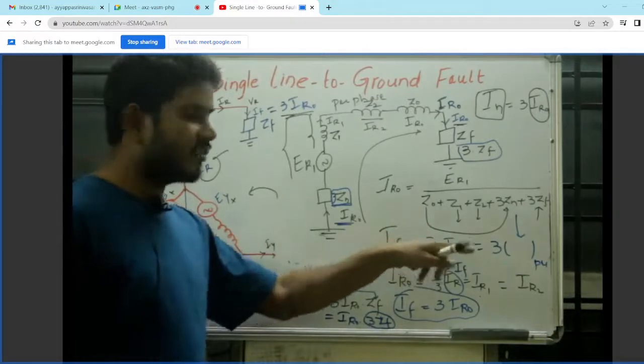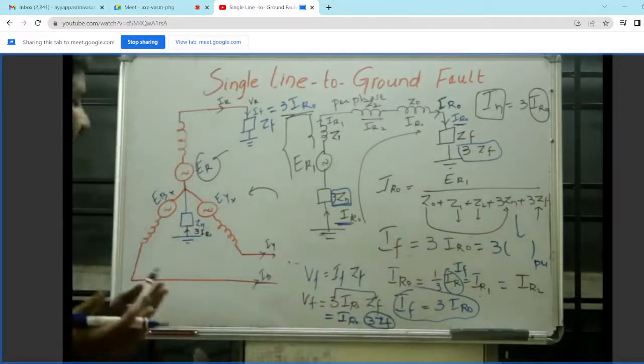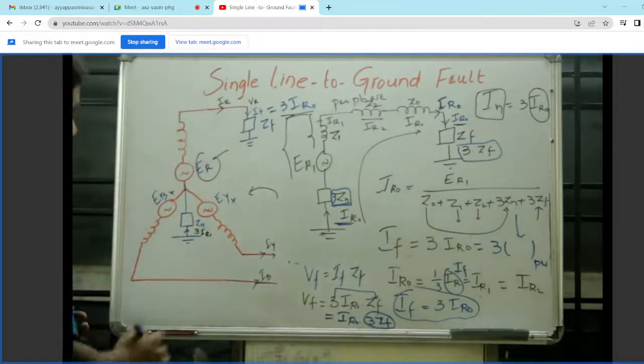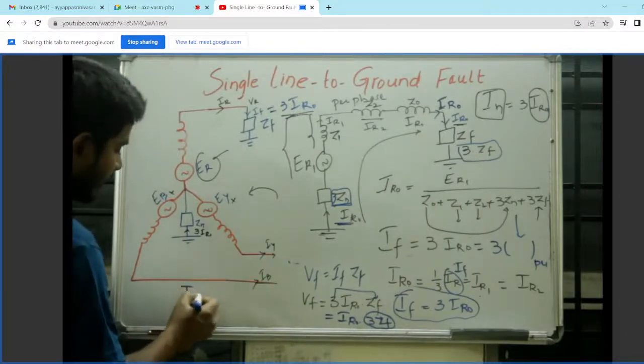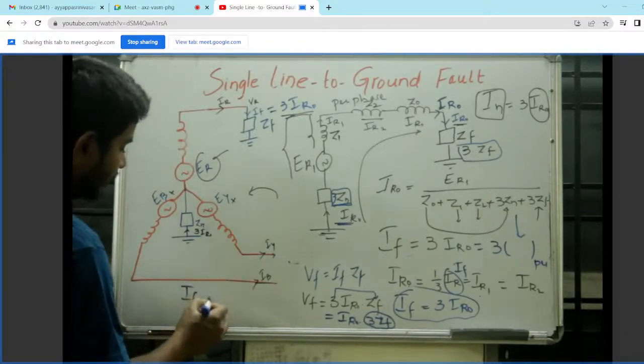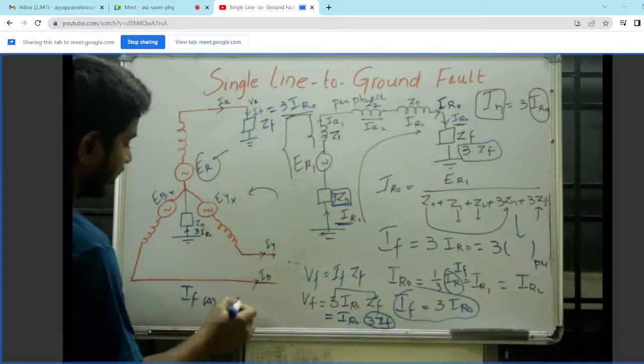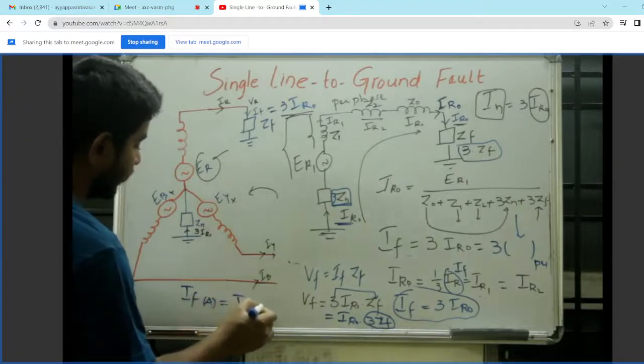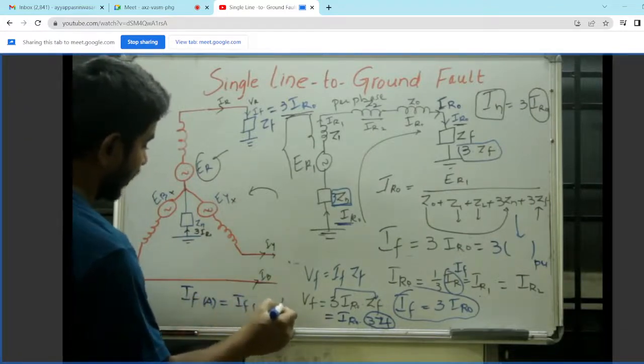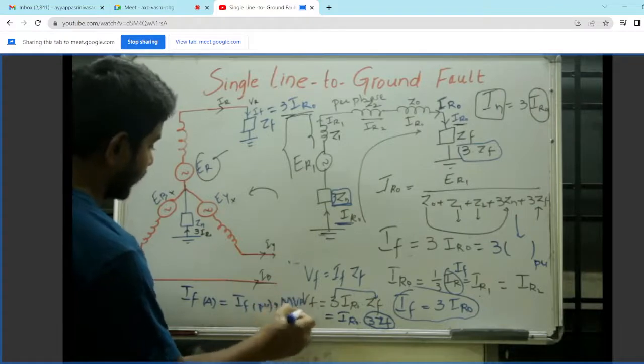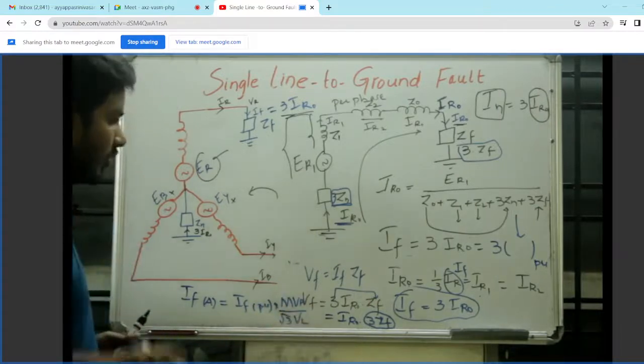Now when a value is given in per unit, how will you find the actual value? Your IF actual, in amperes, will be given by IF in per unit into MVA upon root 3 times the line voltage.